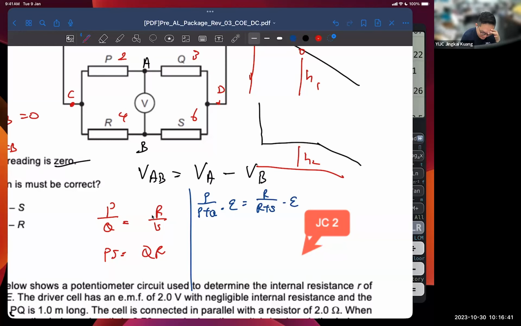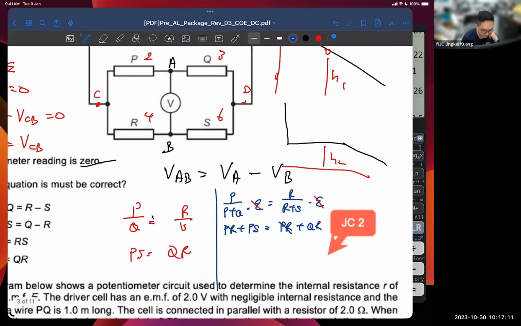Let's try and see. If I cross multiply them, we have PR plus PS equals PR plus QR. Then the PR can cancel, and PS equals QR.